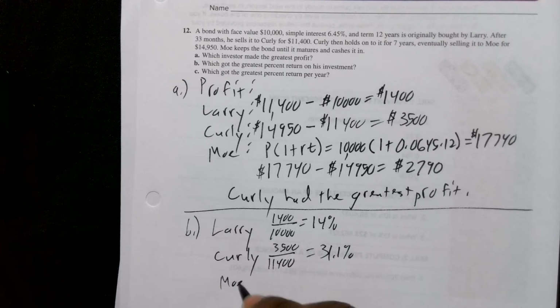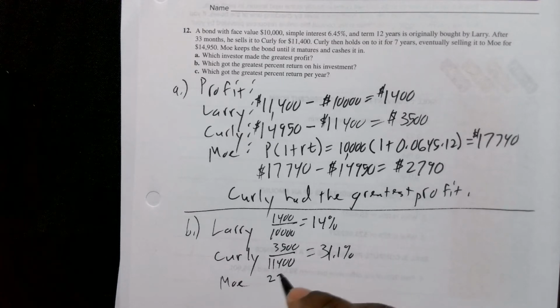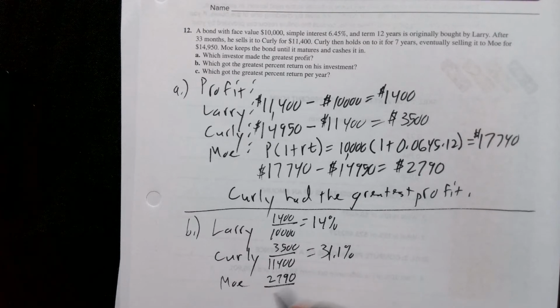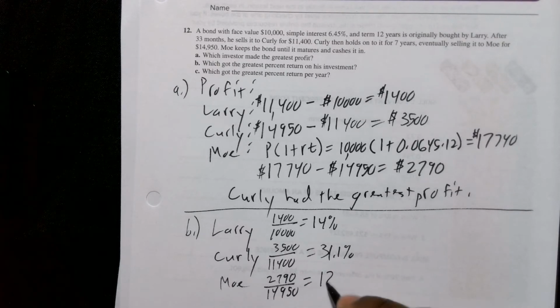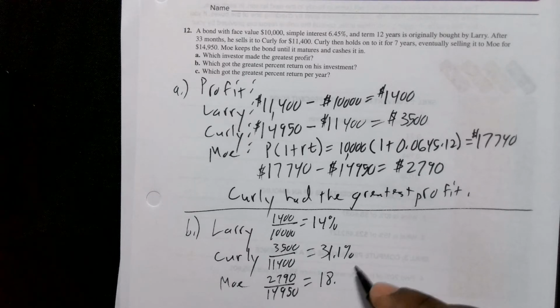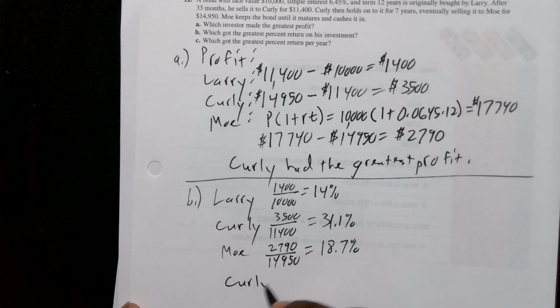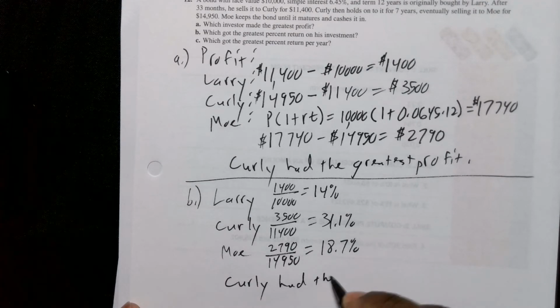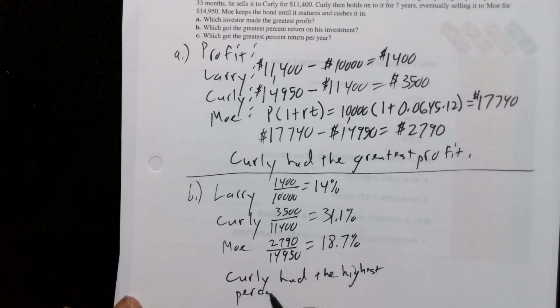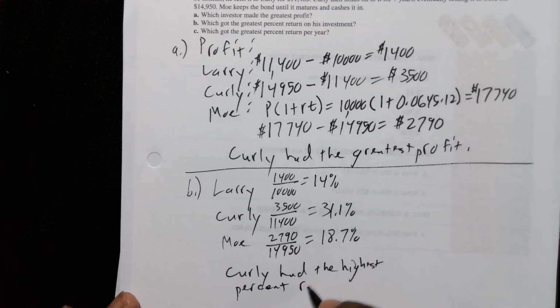And finally, Mo, who made a profit of $2,790, paid $14,950, and he received the percent return of 18.7%. So now, this tells us that Curly had the highest percent return. Okay, so that's B.